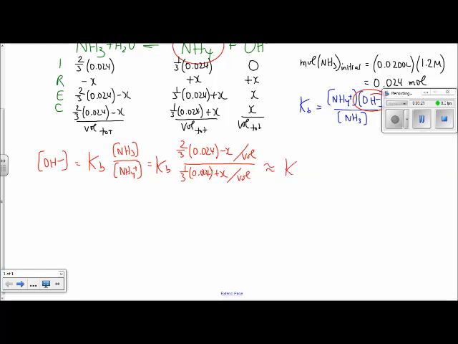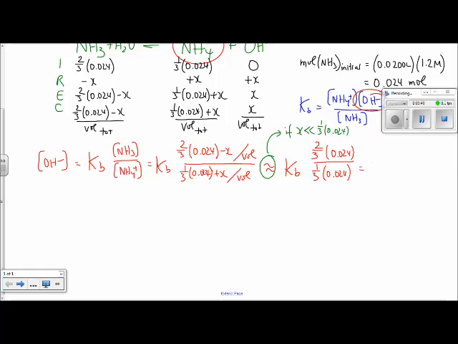So this term will be approximately equal to Kb times 2/3 of 0.024 divided by 1/3 of 0.024. Remember, this assumption will be valid, ignoring X will be valid, if X is much smaller than 1/3 of 0.024. So that 0.024 minus X is approximately equal to 0.024.